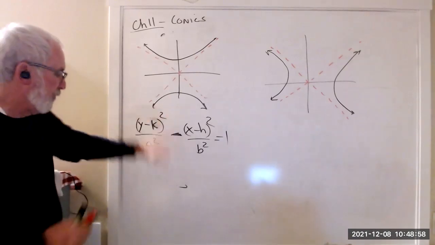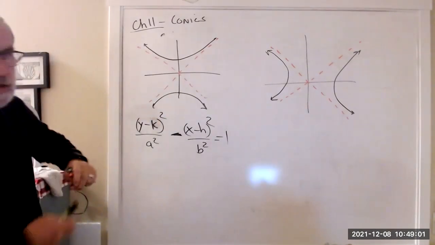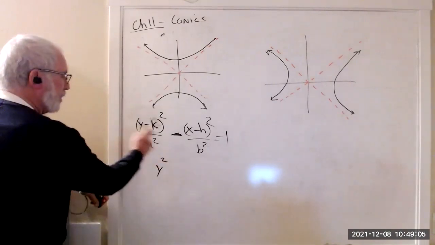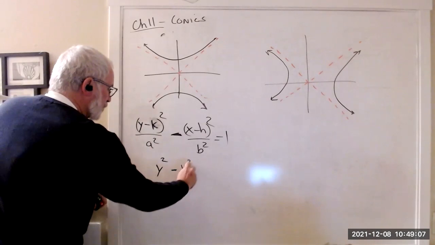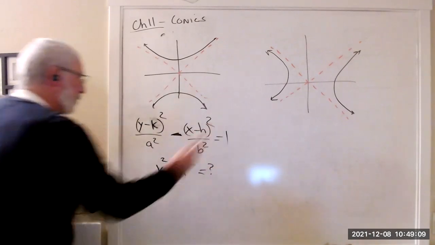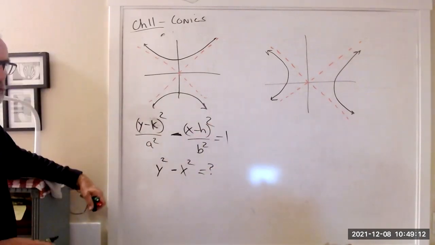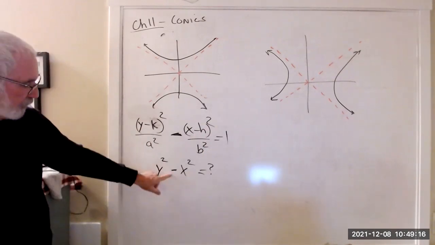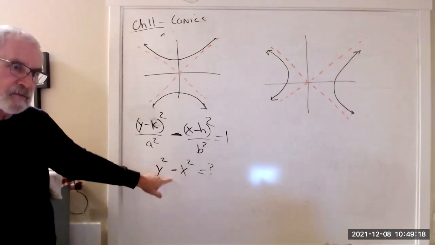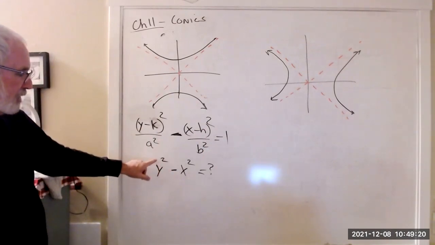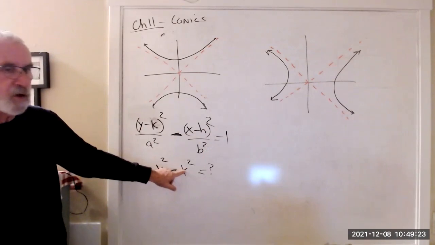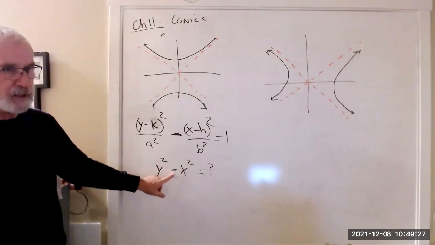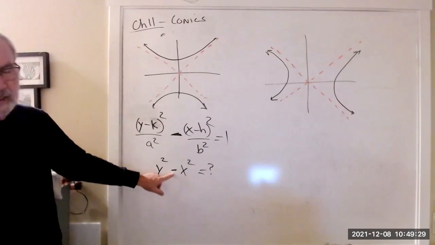Notice if you strip away all the extra stuff, essentially you have y squared minus x squared equals something. It's still all squared, but it's got a minus sign in the middle. That's what gives it away as a hyperbola.